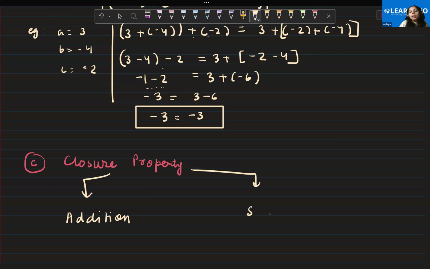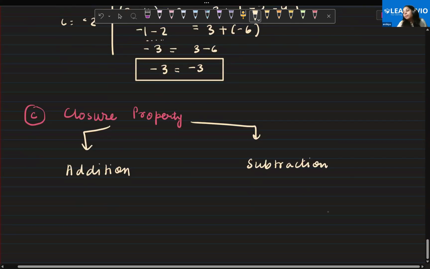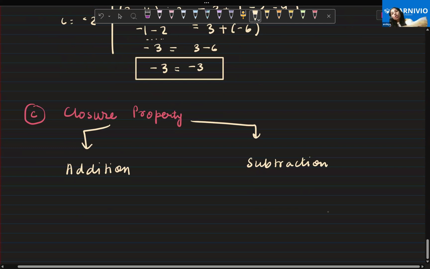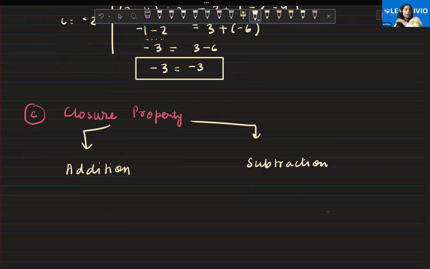So what this property means is, let me write it down. When we are adding two integers, the sum should also be an integer. And if that's the case, that means the integers are closed under addition.